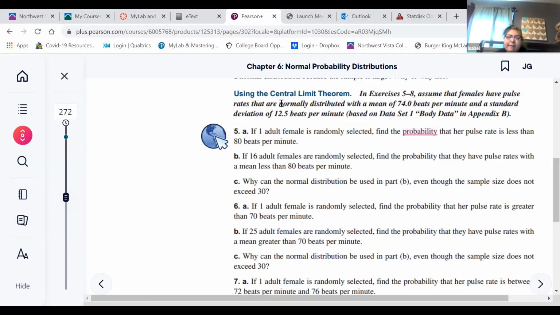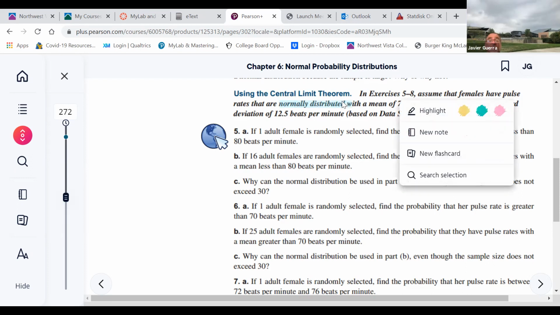Yep, right there. Normally distributed. It was hiding from you. But there it is. So for part C, you would say, can use central limit theorem because it states that it is normally distributed.